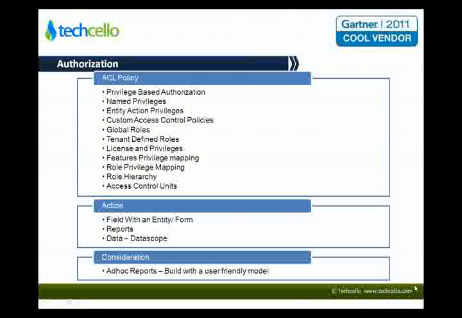Number three, you should have different levels of privileges at the action level, at entity level, at a field level, and even at a data level. So once you do this, then you will have a flexible access control policy that your tenants can define by themselves.